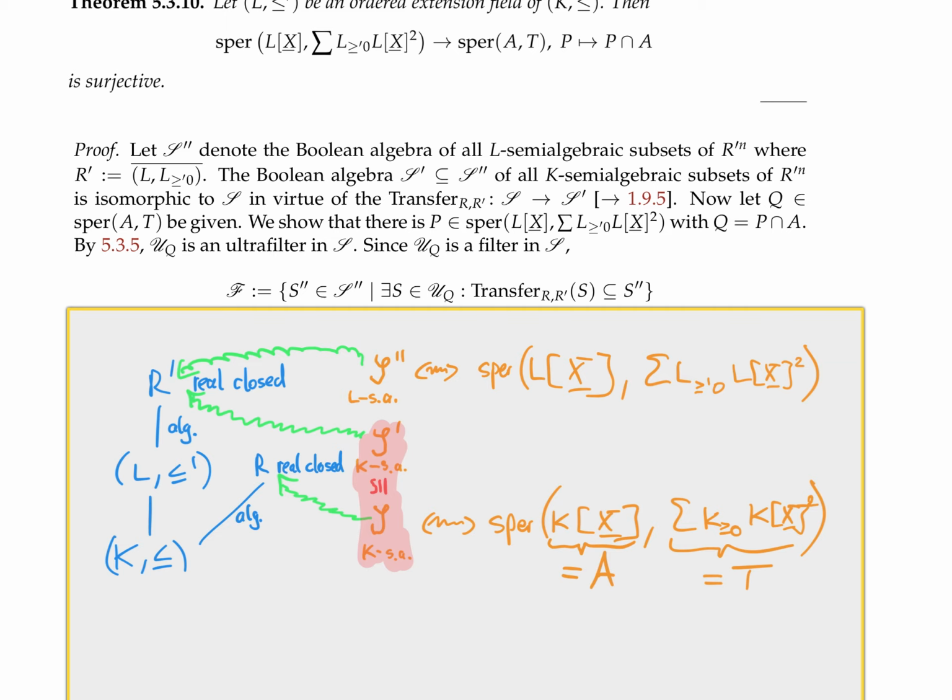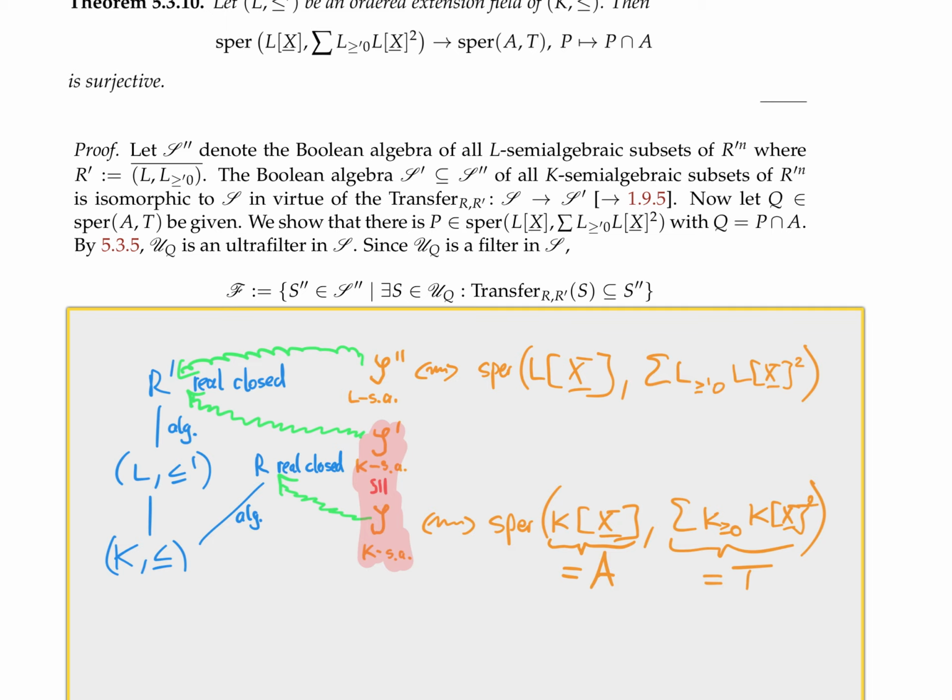I get here, so I go now. In some sense, I do what I said. So I go first here, and then I get from the ultrafilter here at least a filter here. That's the basic idea. I get a filter here from the ultrafilter here, but these two steps, going from here to here and then getting at least still a filter here, are combined in this one single step here.